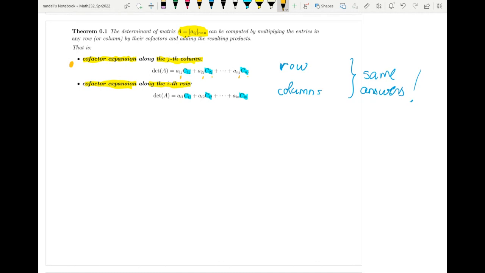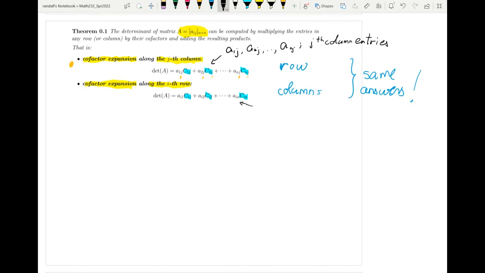If you look at these numbers appearing here, the aij's, I see a1j, I see a2j, etc., out to anj. So in other words, I see the jth column entries. Hence the name expansion along or down the jth column.